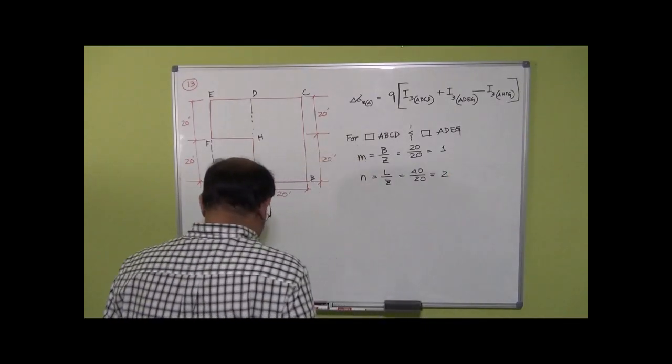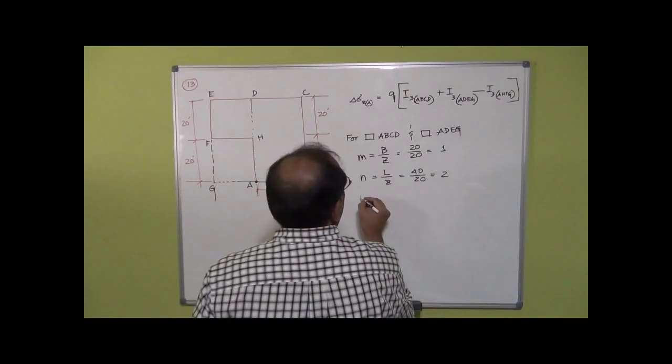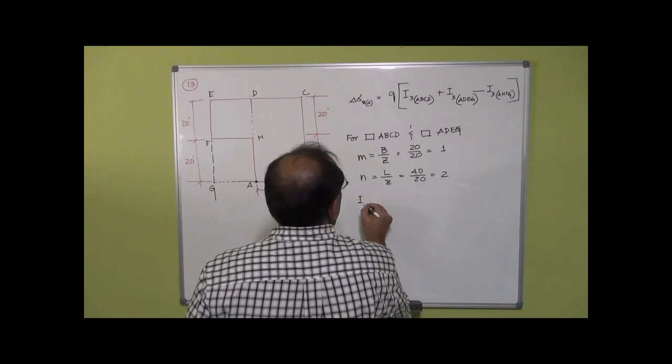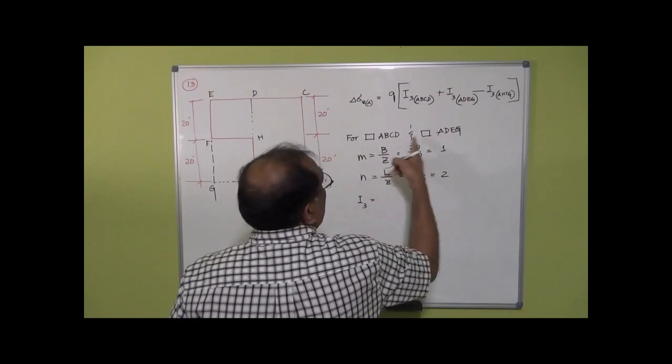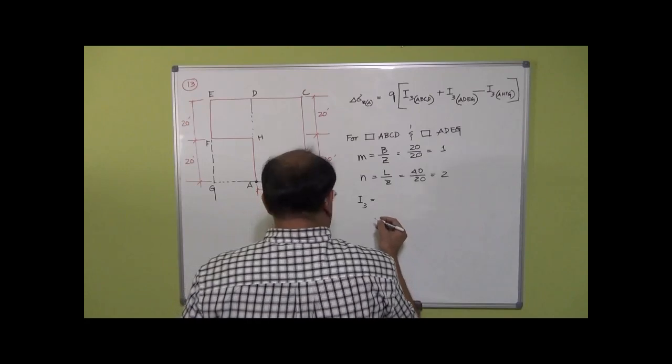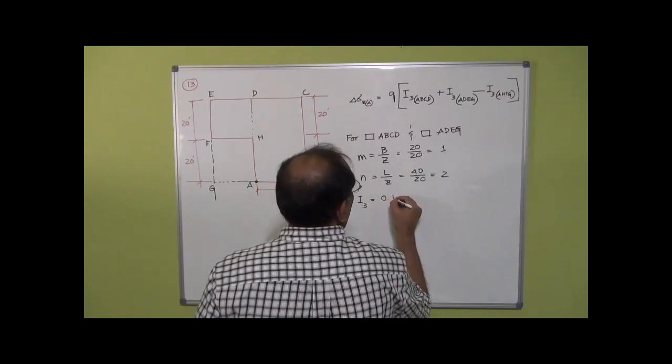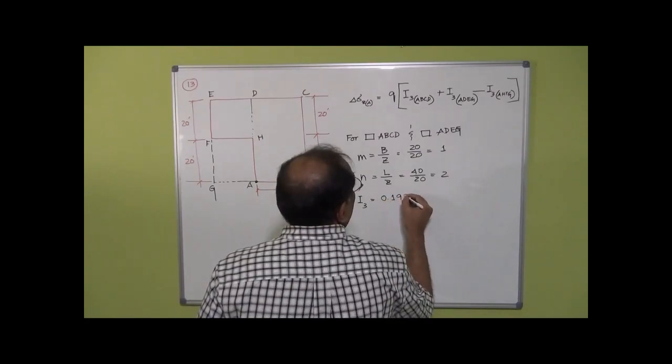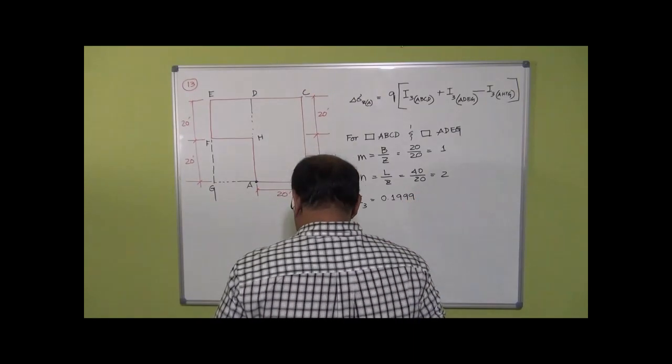So if you go to the table, you will find I3 for these two rectangles is 0.1999. Okay.